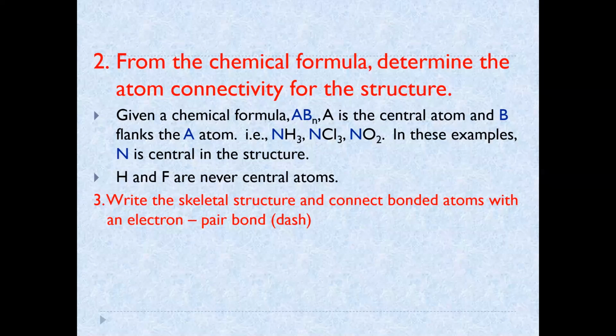Now, the first step is to calculate the total number of valence electrons. The next one is to look at the atom connectivity for the structure. Then number 3, you now write the skeletal structure and connect the bonded atoms with an electron pair. So now do the skeletal structure.